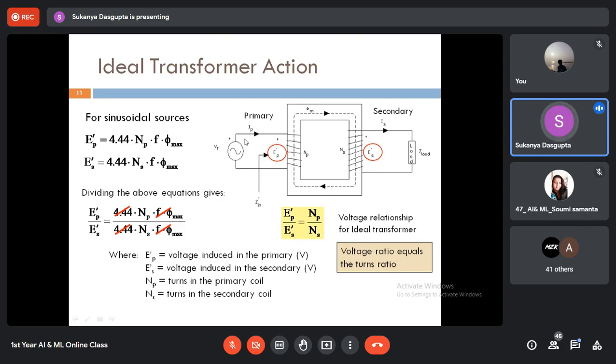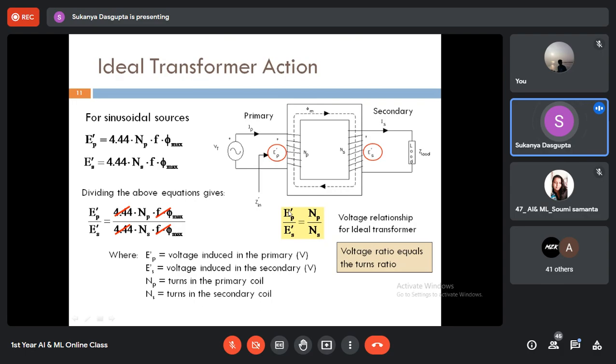So whenever there is an alternating current or voltage through a coil, an EMF will be induced, and that will further develop a secondary induced EMF across another coil, which links with the same flux, right? And this secondary side is connected with a load. So once the load is connected, what will happen? Secondary current will be flowing.